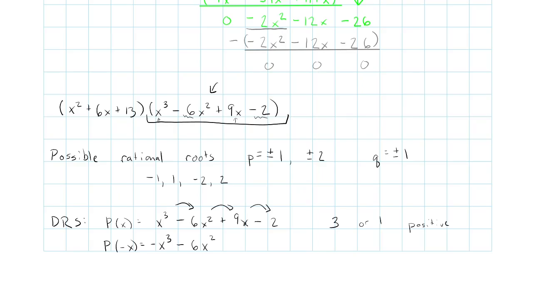The sign of x to the first changes, so that's minus 9x, and then the constant stays the same. No sign changes there, so 0 negative. I'm not going to check -1 or -2 because I know I don't have any negative real roots. So I'll have to try our 1 and 2.